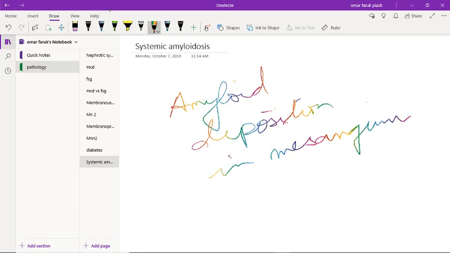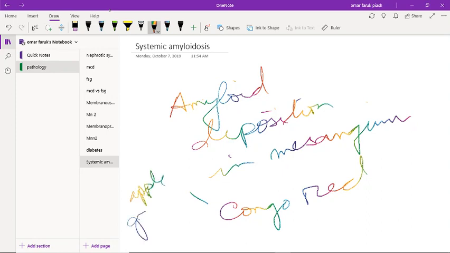If you see it under polarized light after staining with Congo red, you can see apple green birefringence.